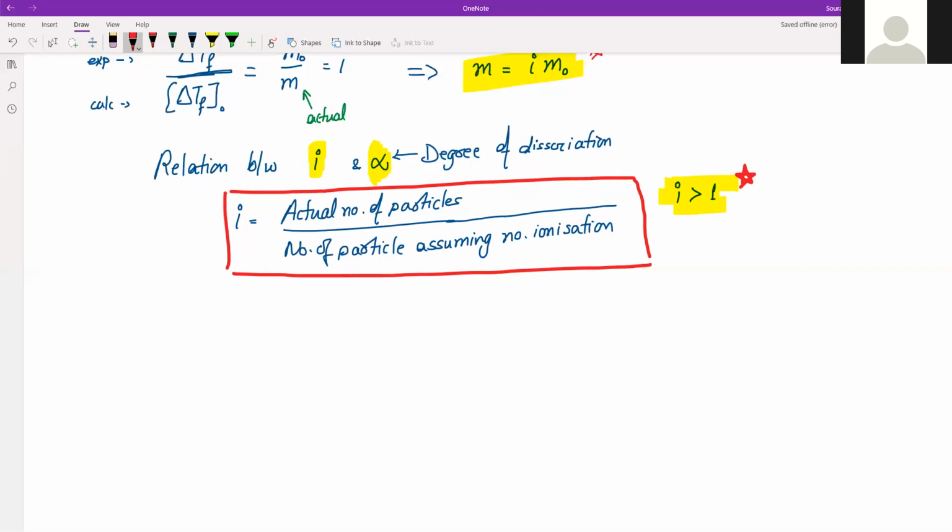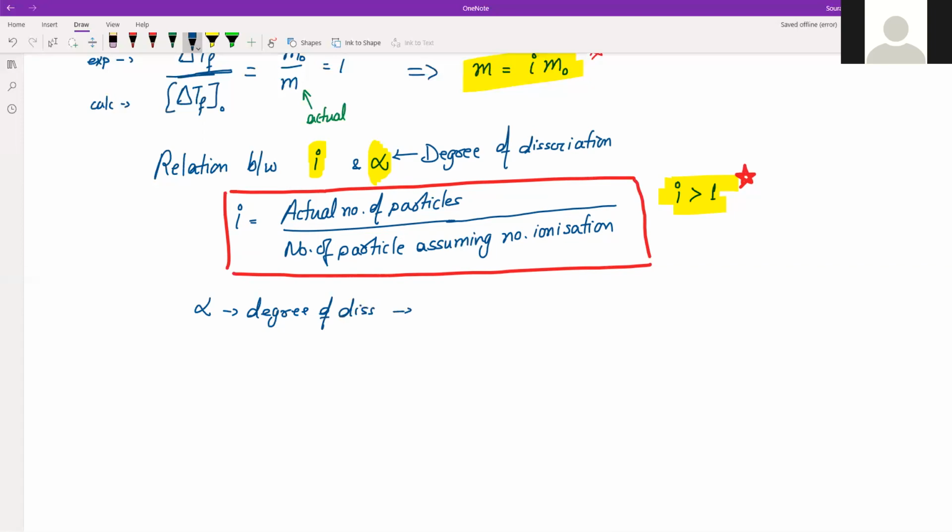So let's go to the next part. Degree of dissociation is the fraction of the electrolyte which is dissociated into ions. So if the degree of dissociation alpha is 50%, that means out of 100, only 50 molecules will break into ions. Alpha is the degree of dissociation.